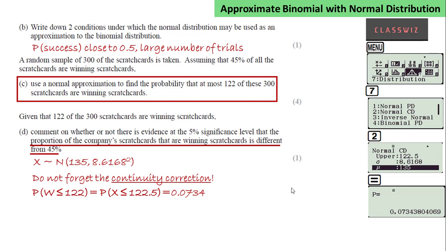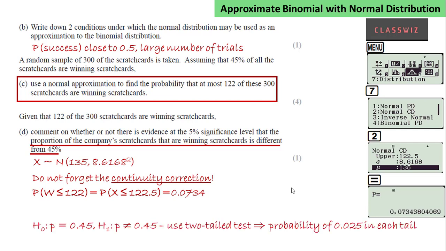The last part of the question says that given that 122 of the 300 scratch cards collected are winning scratch cards, comment on whether there is evidence at the 5% significance level that the proportion of the company's scratch cards that are winning cards is different from 45%.